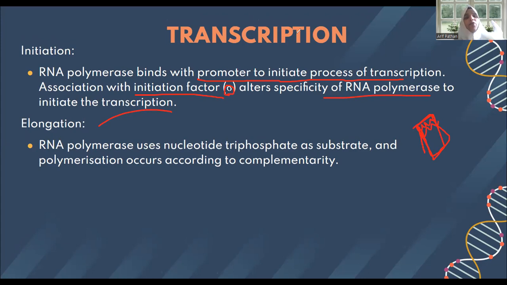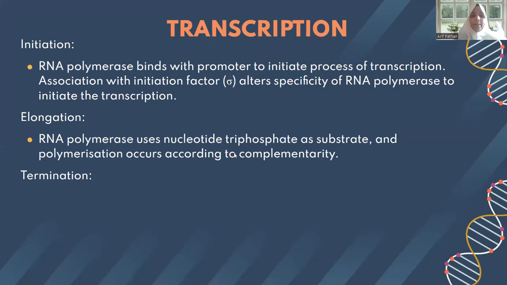Similarly, one nucleotide will resemble one brick, so one nucleotide will be brought in. In case of DNA, you have the nucleotides adenine, thymine, guanine, and cytosine. And in case of mRNA, only the T nucleotide will be replaced by the uracil nucleotide. So polymerization will occur depending upon the sequence on the template strand.